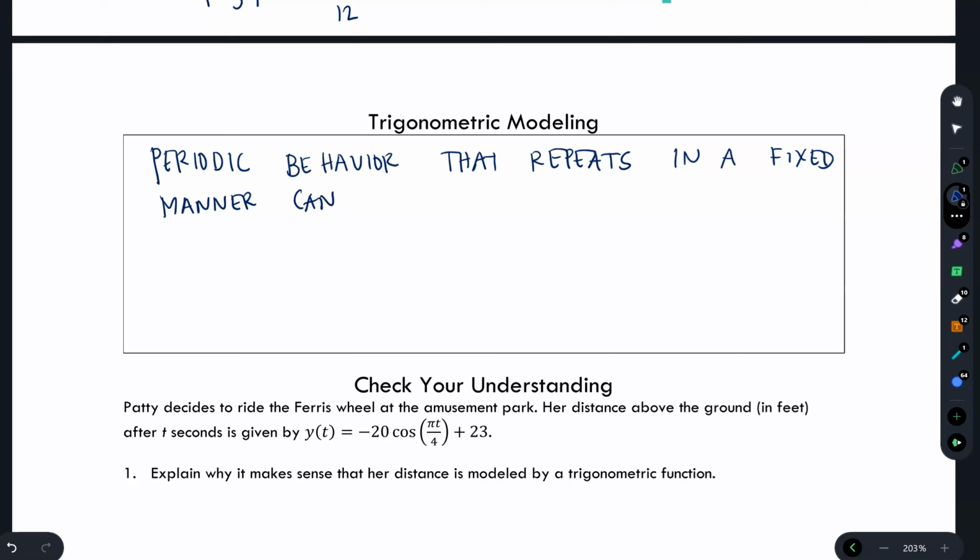So when you have a periodic behavior that repeats itself, it can be modeled with a trig function.